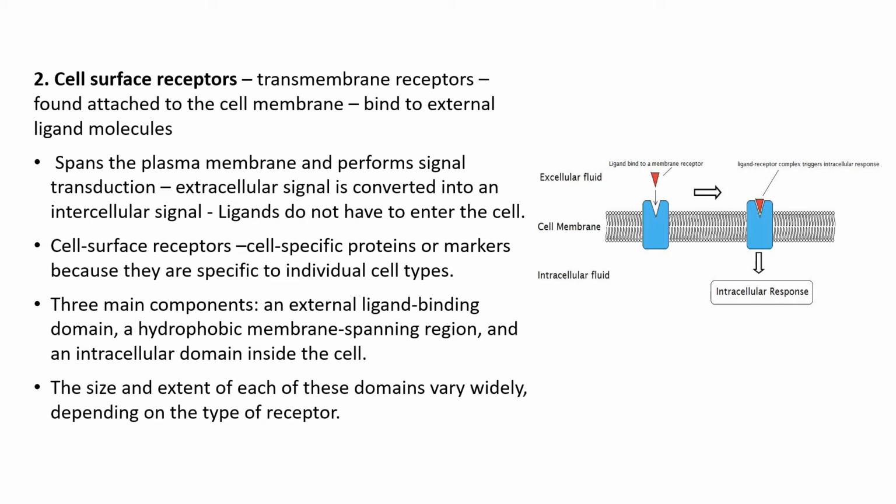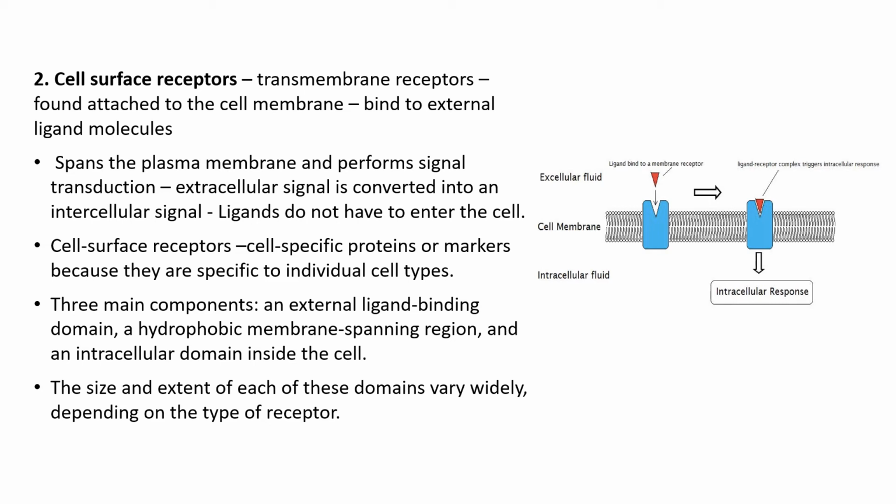Cell surface receptors, the second type of receptor proteins, are usually transmembrane receptors that are found attached to the cell membrane, and they bind to external ligand molecules which are not necessarily hydrophobic in nature.